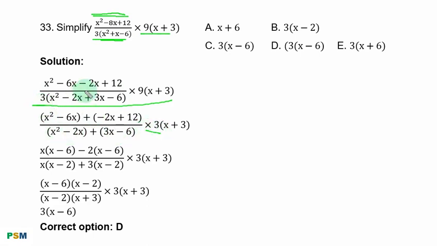If you group the terms in twos, you have this result. You factor out the common term from each group, you have this result and this result. S minus 2 cancel s minus 2. S plus 3 cancel s plus 3. You are left with 3 times s minus 6 in this form. The correct option is D.